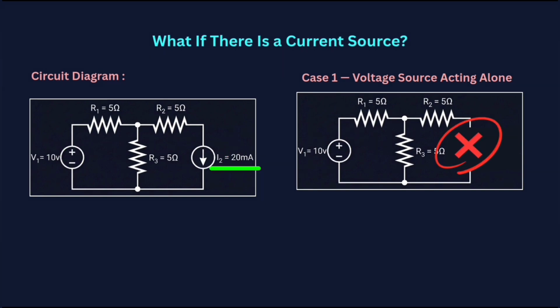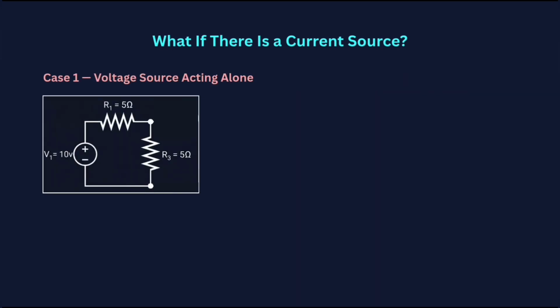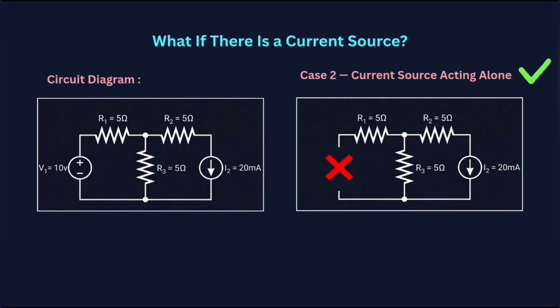Since an ideal current source becomes an open circuit, the right hand branch is open. Therefore, R1 and R3 are in series. So we get 10 divided by 5 plus 5, that is 1 ampere, and it is flowing in the downward direction.